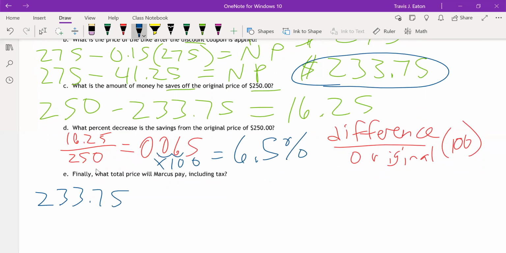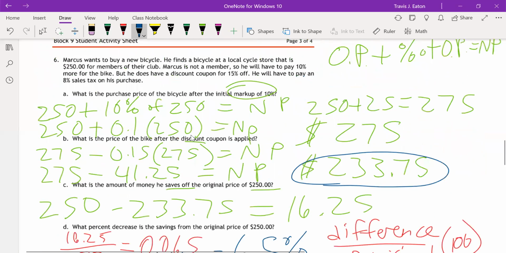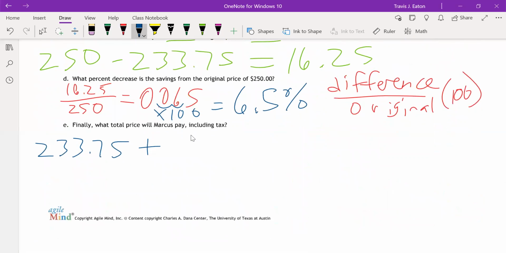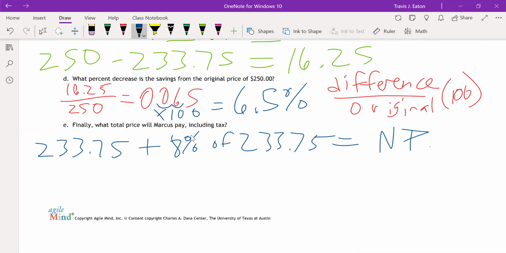And we have to add to that the tax, which was how much? I can't remember the percent. 8% sales tax. So 8% of 233.75. And that's going to equal the total price, our new price.